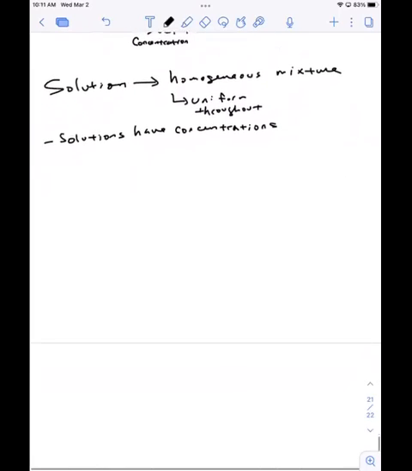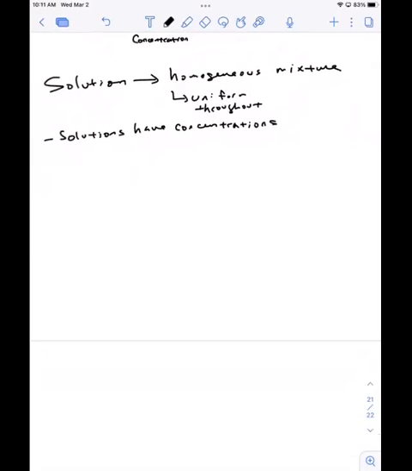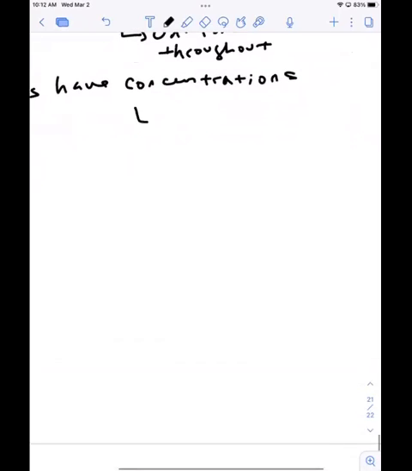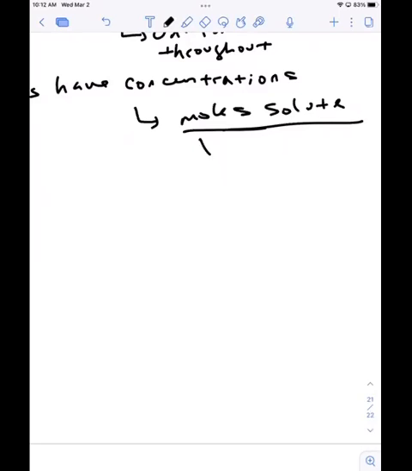Right? Solutions have a concentration, and the concentration of a solution is just the relative amount of a given solution component, right? So when we talk about the concentration, what we really are talking about here is the moles of solute divided by the volume of solution.